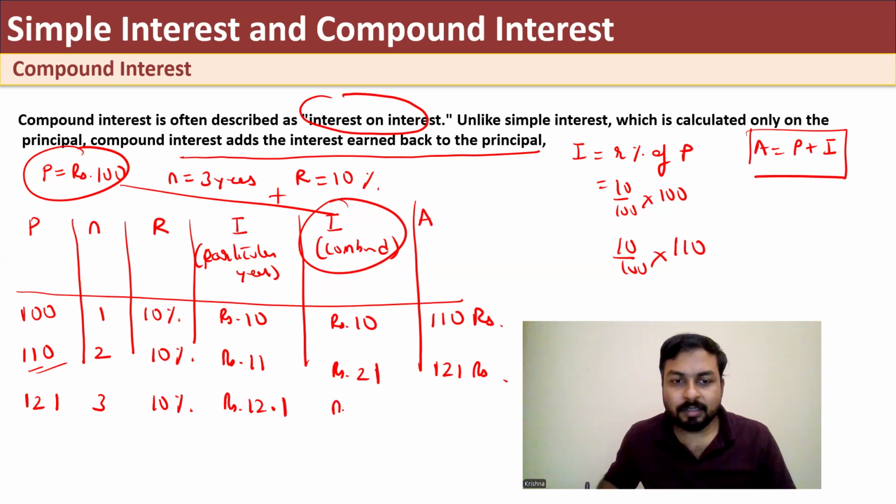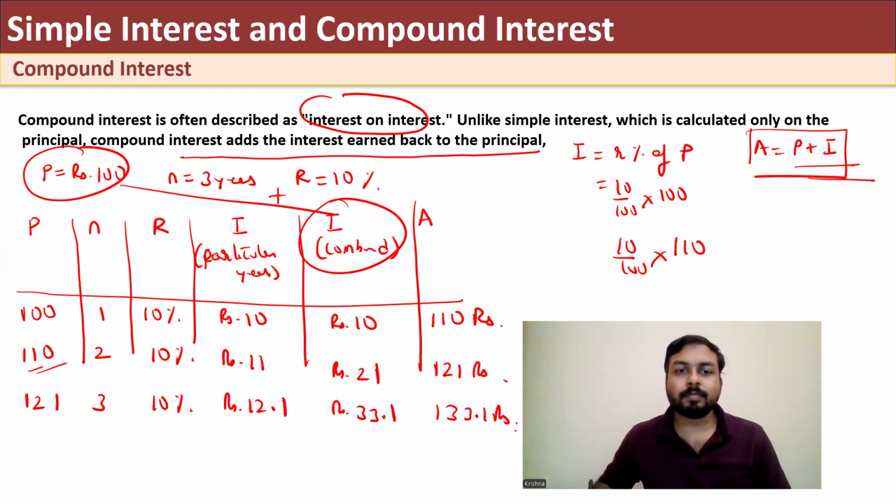How much is that? 33.1 rupees. What is the amount? Amount is principal plus interest. 100 plus 33.1, which is 133.1 rupees. So that's why the line says that unlike simple interest, which is calculated only on the principal, compound interest adds the interest earned back to the principal.